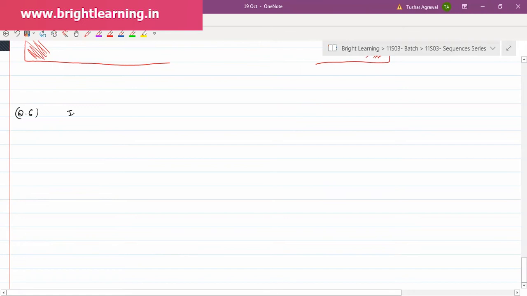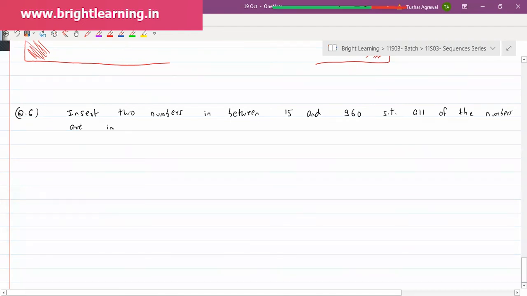Insert two numbers in between 15 and 960 such that all of the numbers are in geometric progression.